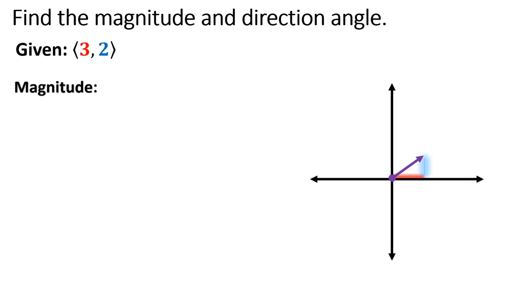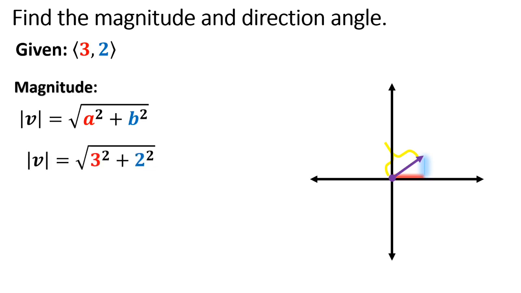To find the magnitude, I want to find the length of that purple vector. Here's the formula. Substituting the values for a and b and simplifying, we get the square root of 13. So the length of that vector is square root 13.